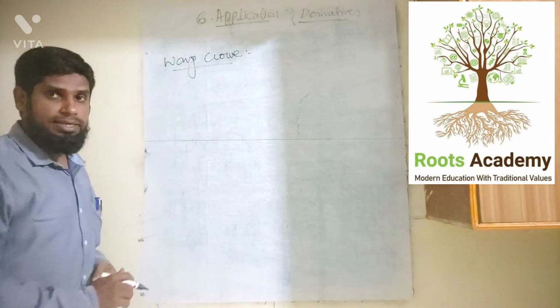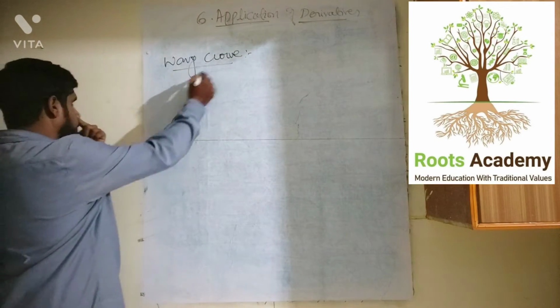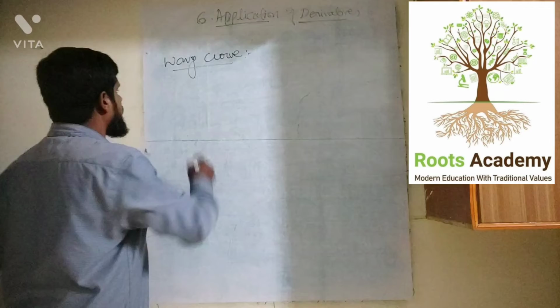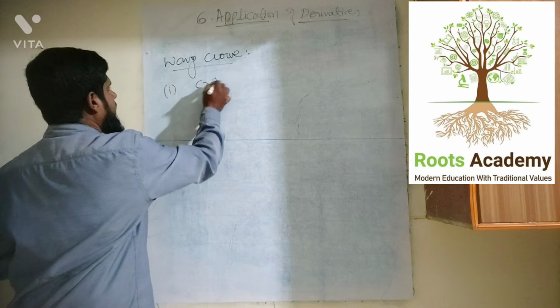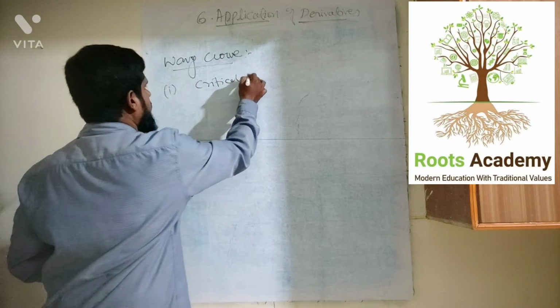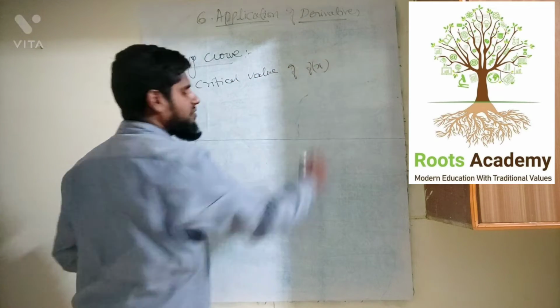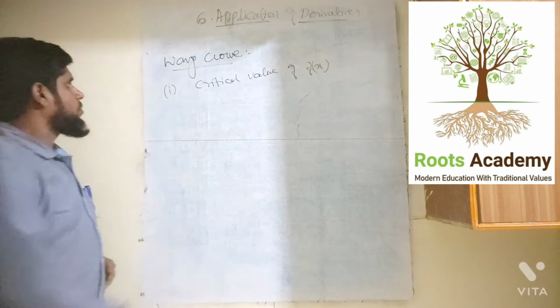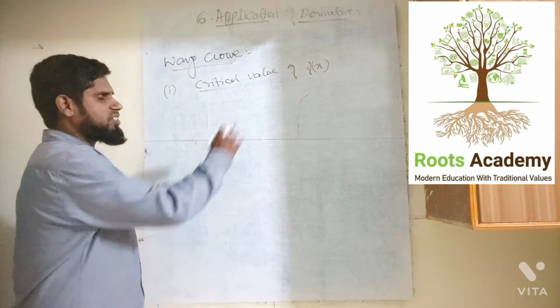But how to make that? Where exactly should we make the intervals? Solving the function is very important. First thing we should do is find the critical values of a function f of x. What is the critical value of any function?